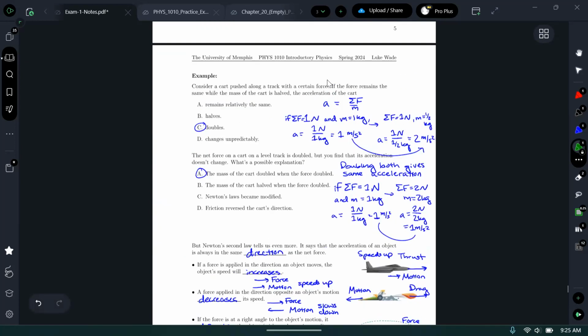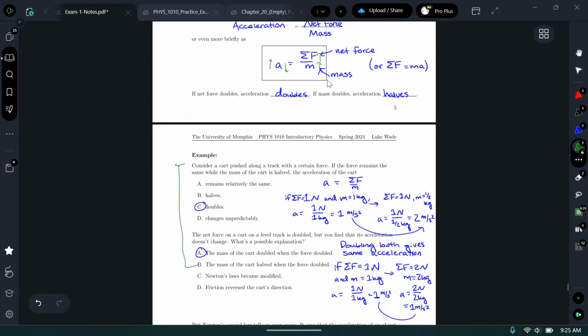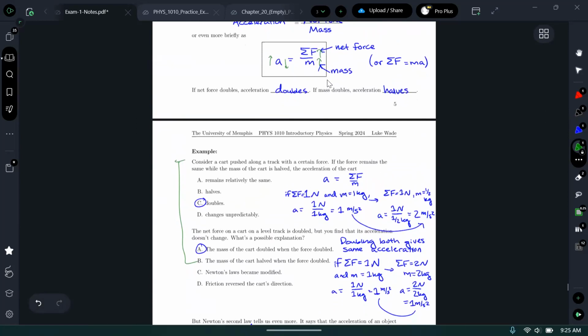So problems like these are definitely to be expected. Being able to just get a sense of what happens to the acceleration when you do something to the net force, something to the mass. You can do it this way, where you choose values for stuff and see what happens when you change one of those values. Or you can just think about it as, if I increase net force, I know acceleration should increase.